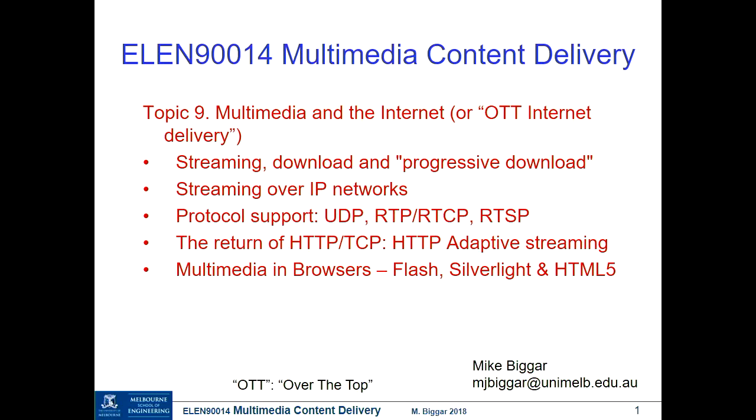But what I'd like to do is bring together those technologies that we've been talking about and discuss them in particular systems. And we'll start with probably the most important system that we have today and into the future will continue to be at least as important, and that's multimedia streaming over the internet, or OTT, internet delivery, where OTT means over the top. And we'll talk about what that means in just a second.